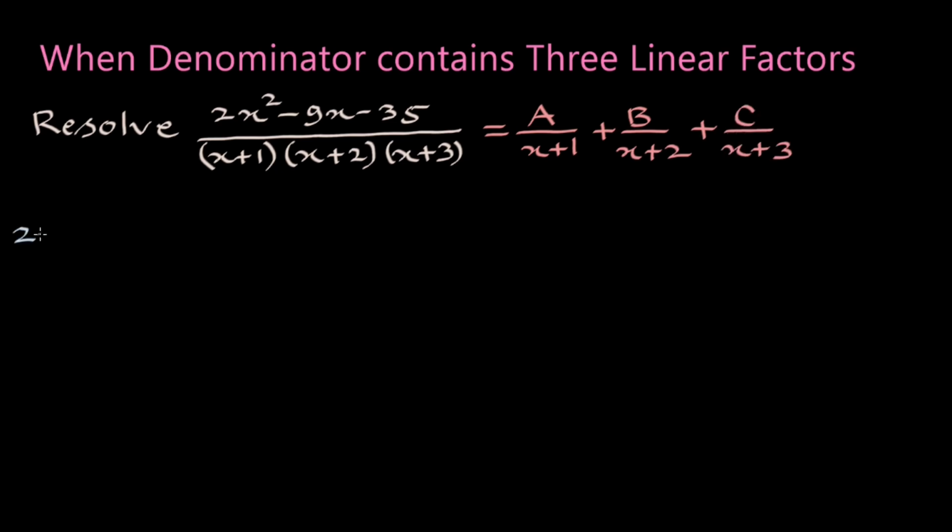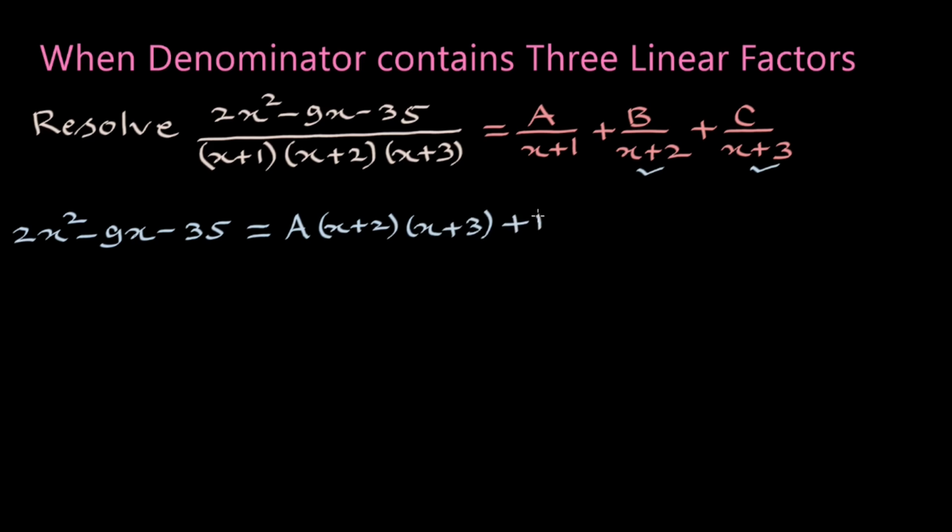So this will be 2x square minus 9x minus 35 equals A into the product of these two factors (x plus 2) into (x plus 3), plus B into the product of these two factors (x plus 1) into (x plus 3), plus C into the product of these two factors (x plus 1) into (x plus 2).